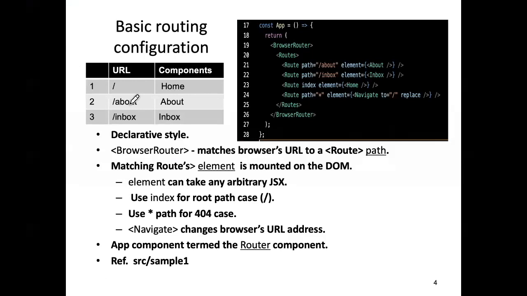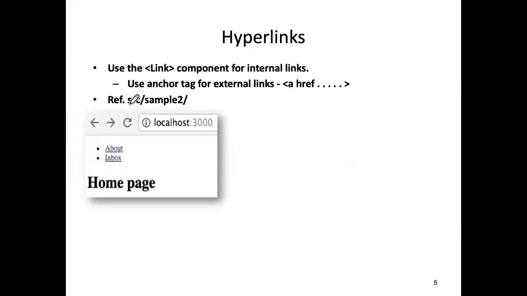You define your routing configuration in the top component in your app's component hierarchy. If you want to have hyperlinks, then you should use a component provided by the React Router library itself called the link component.